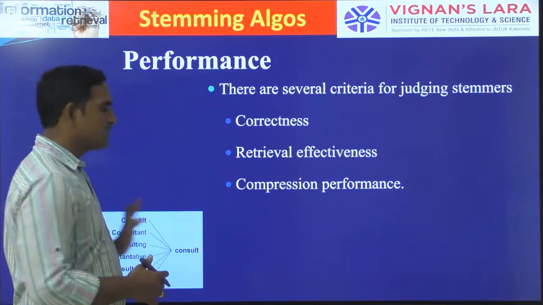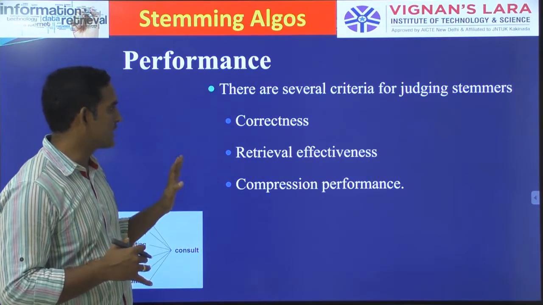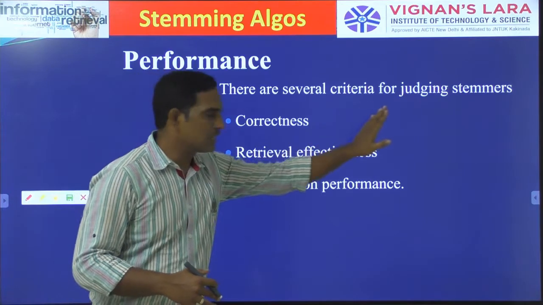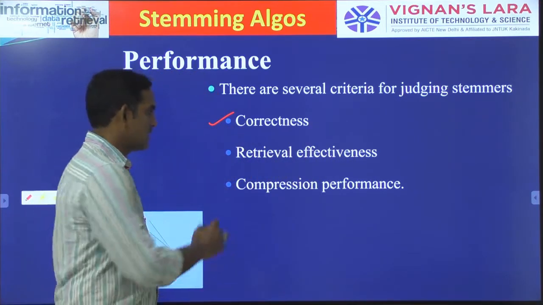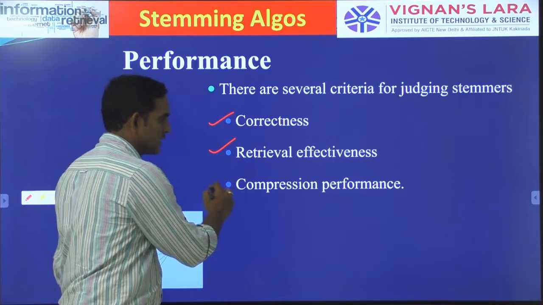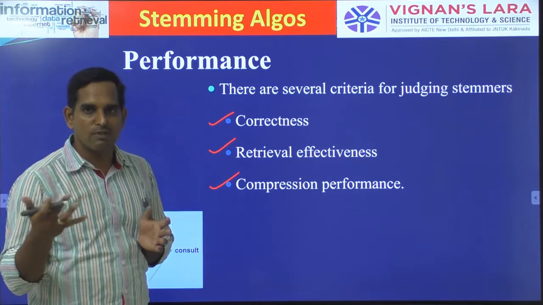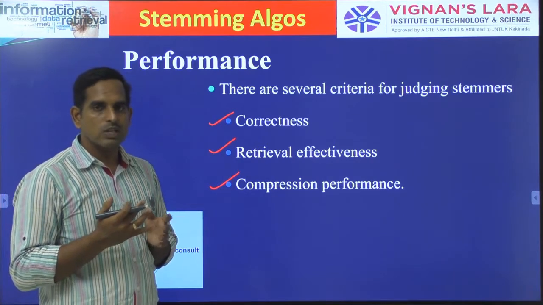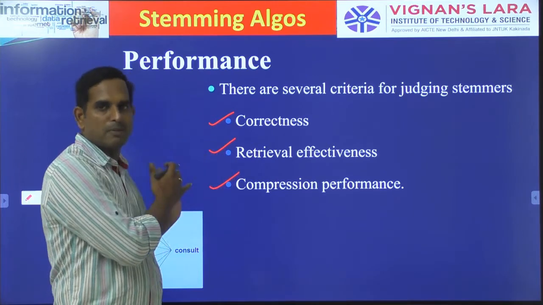To evaluate the performance of a stemming algorithm, we use various criteria for judging stemmers. One is correctness, another is retrieval effectiveness, and another is compression performance. Correctness means how well you are performing the stemming, whether you are performing optimal or suboptimal stemming.